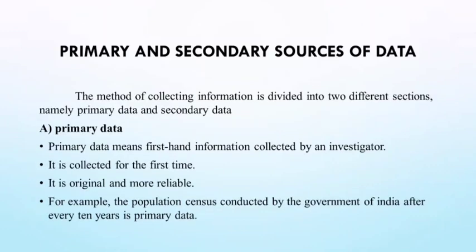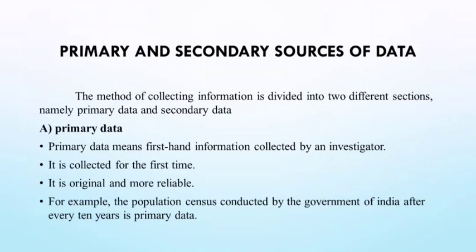Primary and secondary source of data. We know that there are two sources of data for the research work, primary data and secondary data. Primary data means the first-hand information collected by an investigator for his purpose. It is collected for the first time. It is original and more reliable.